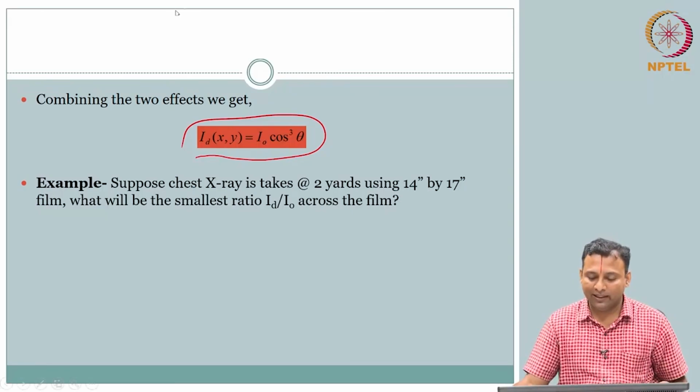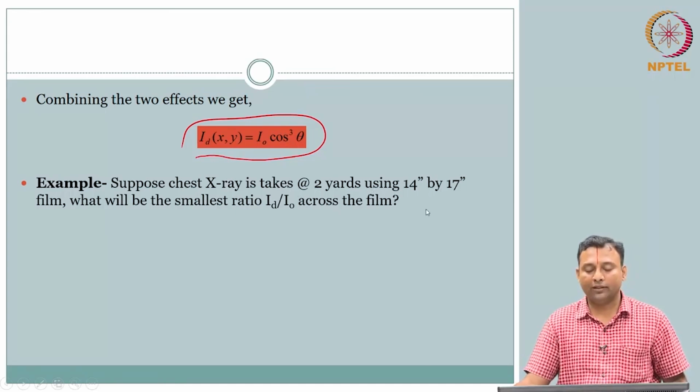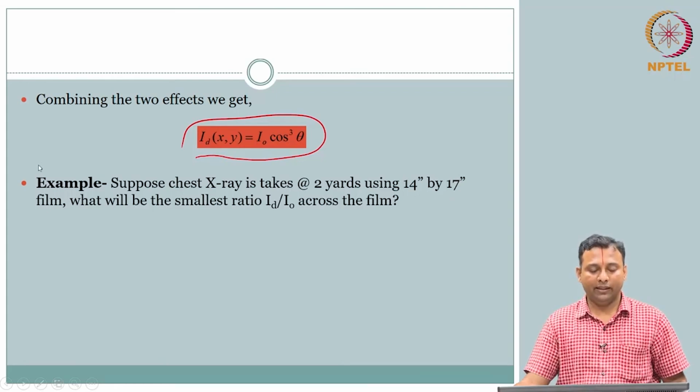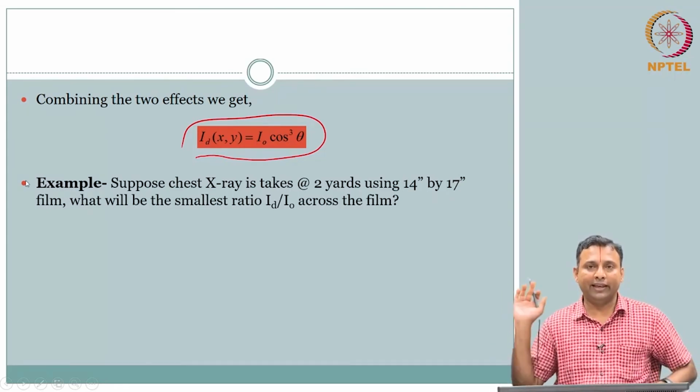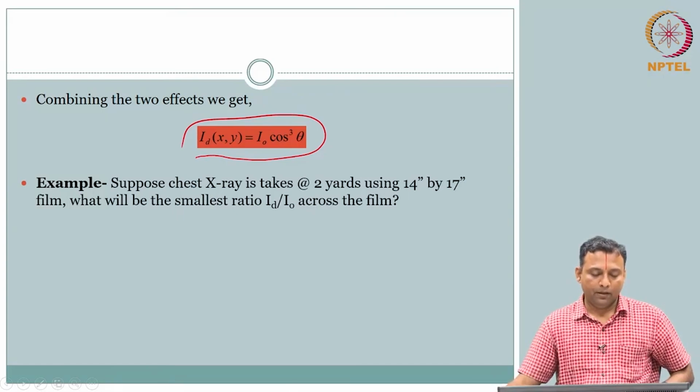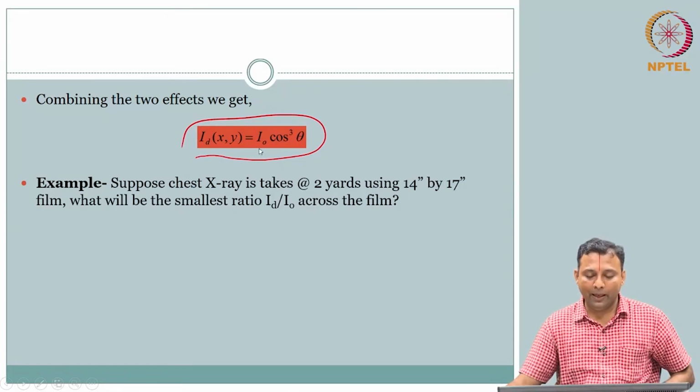You have your standard sizes: you are standing at 2 yards and using a 14 cross 17 inch X-ray, that is your field of view in the detector. So, what will be the smallest ratio, I_D by I naught, across the film?